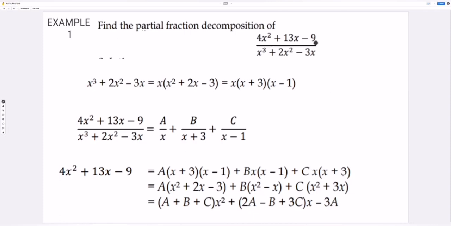So we can now apply the partial fraction decomposition. Again, this example is under the distinct linear factors. Applying the concept we discussed earlier, we need to find the factored form of our denominator.